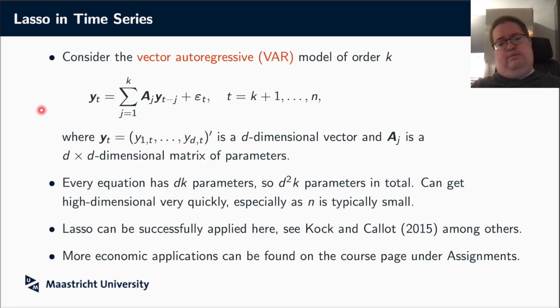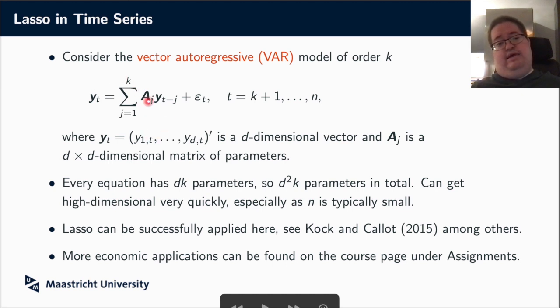So one particular application where the lasso can be very useful is vector autoregressive models, VAR models. Take a VAR model of order K. VAR models just say that we have a vector of time series, so not just one, but d of them, and they depend on the lags of all the other time series, and of course also on their own, up to k lags.